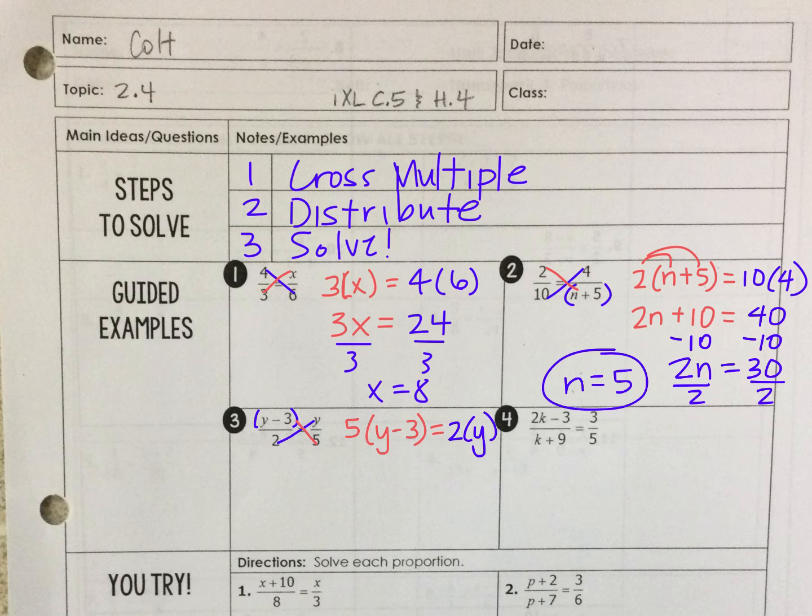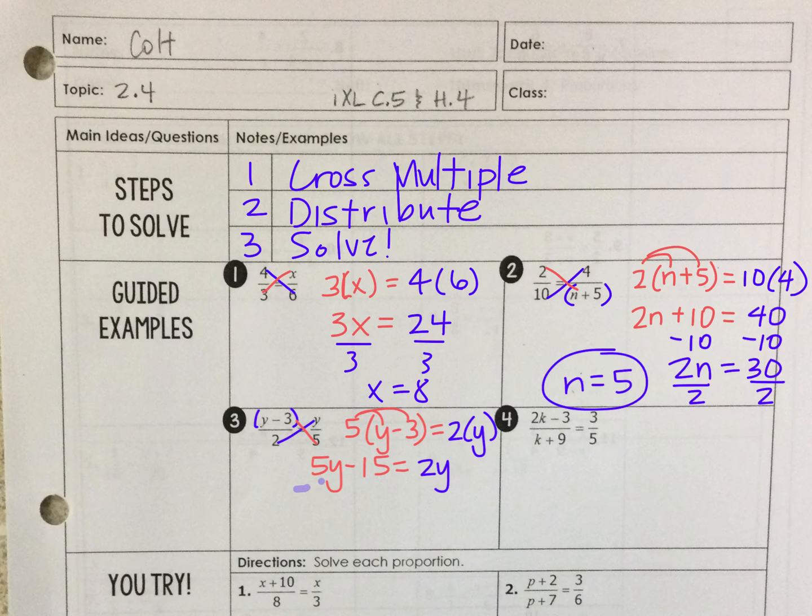All right, step 2, I got to distribute. 5y minus 15 equals, 2 times y is just a 2y. This one's a little different. I have a y here and a y here, and then this is just a number. So I need to get the y's together.